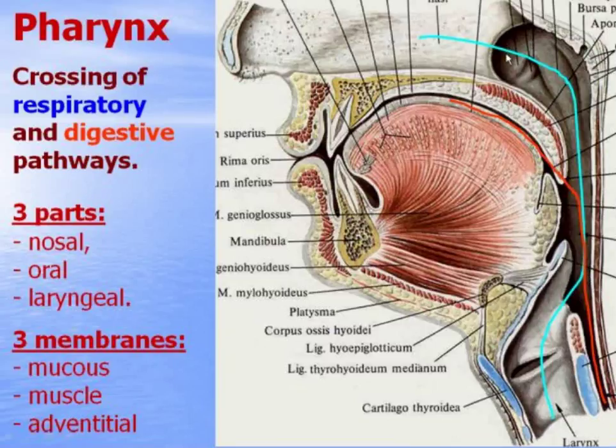Pharynx consists of three parts: nasal, oral, and laryngeal part.